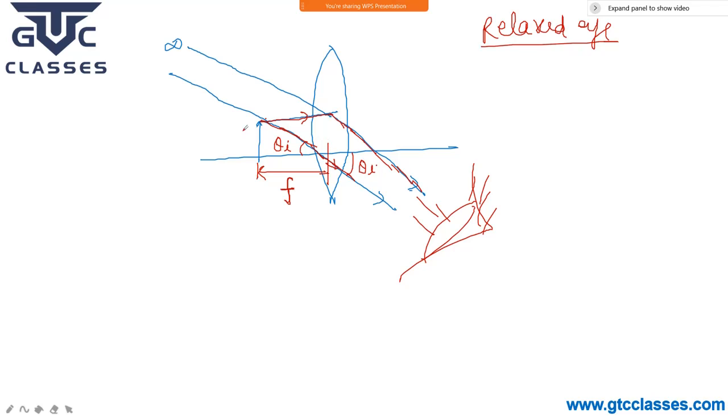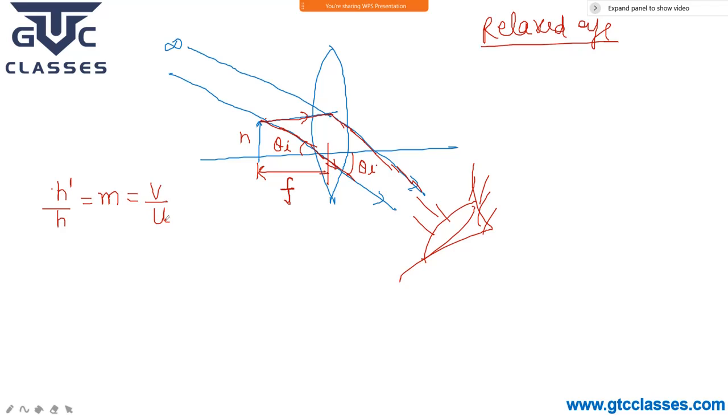Let's say this is the image of object height h. So we can apply similar properties. h dash upon h is nothing but m, which we also know is v upon u.